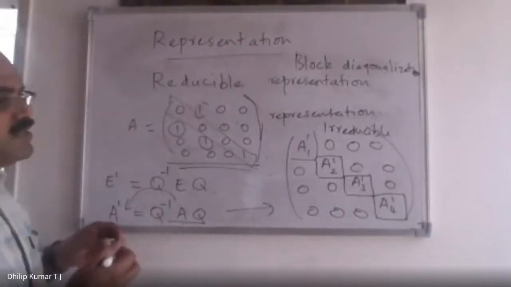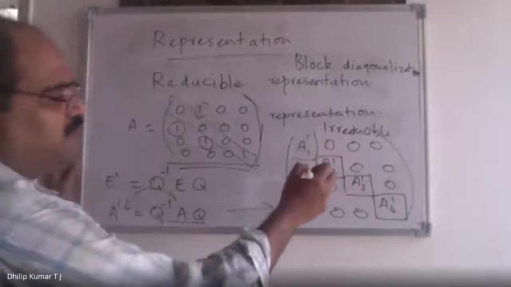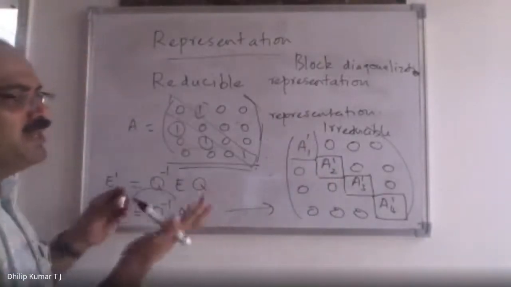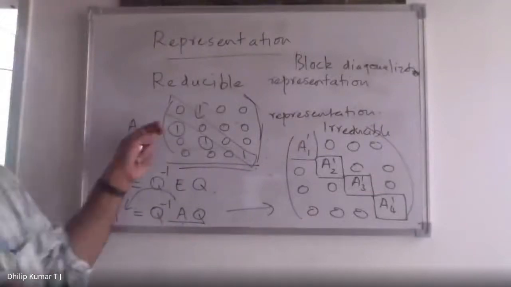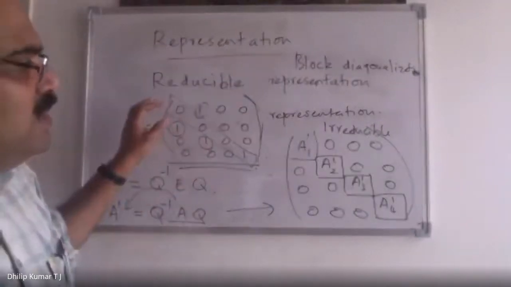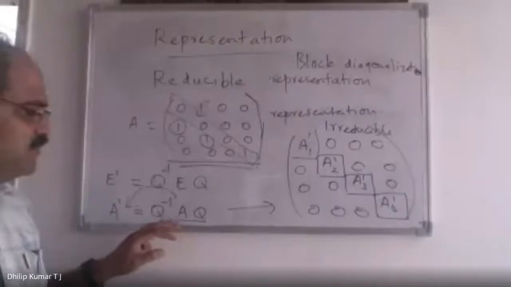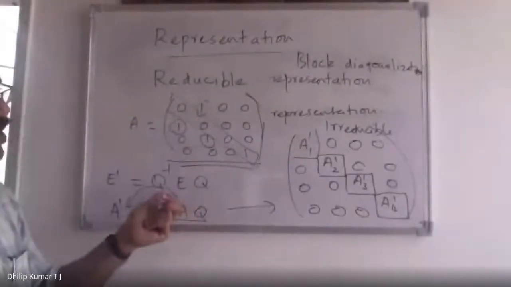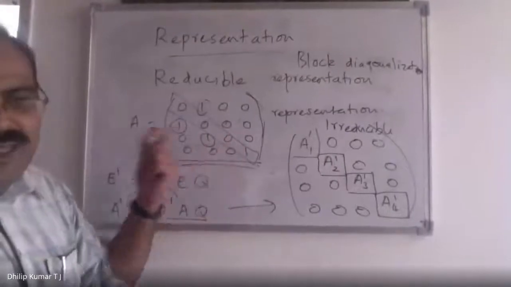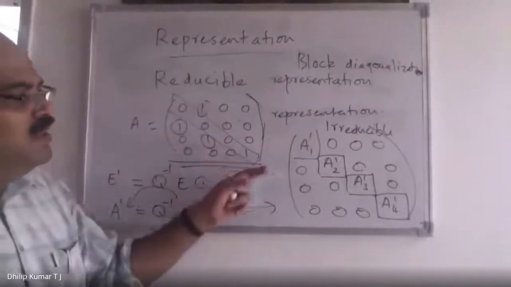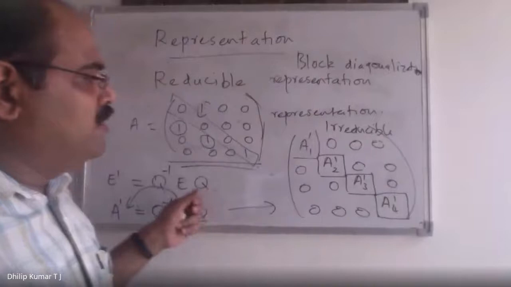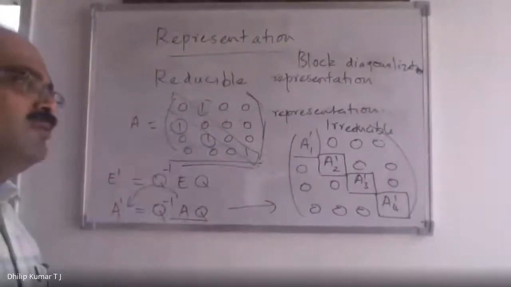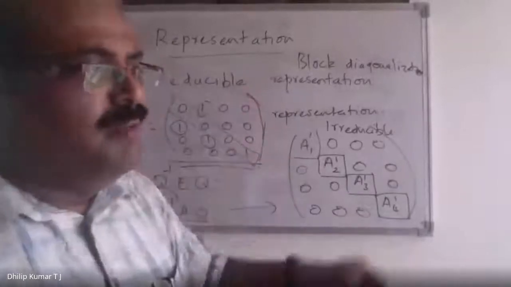Say you are getting a 2 by 2 matrix here, and you perform a similarity transformation, you can reduce it. This is a 4 by 4 matrix, right? By performing certain similarity transformations, this 4 by 4 can be converted into 2 by 2 matrices. Then you take the 2 by 2 matrix, perform a similarity transformation, and see whether it can be brought down to 1 by 1, all diagonal elements.